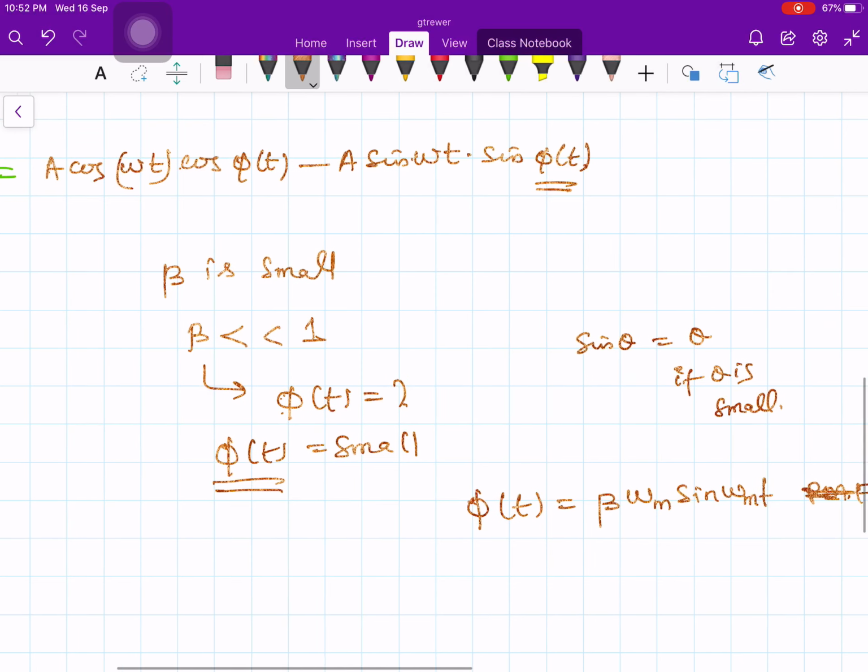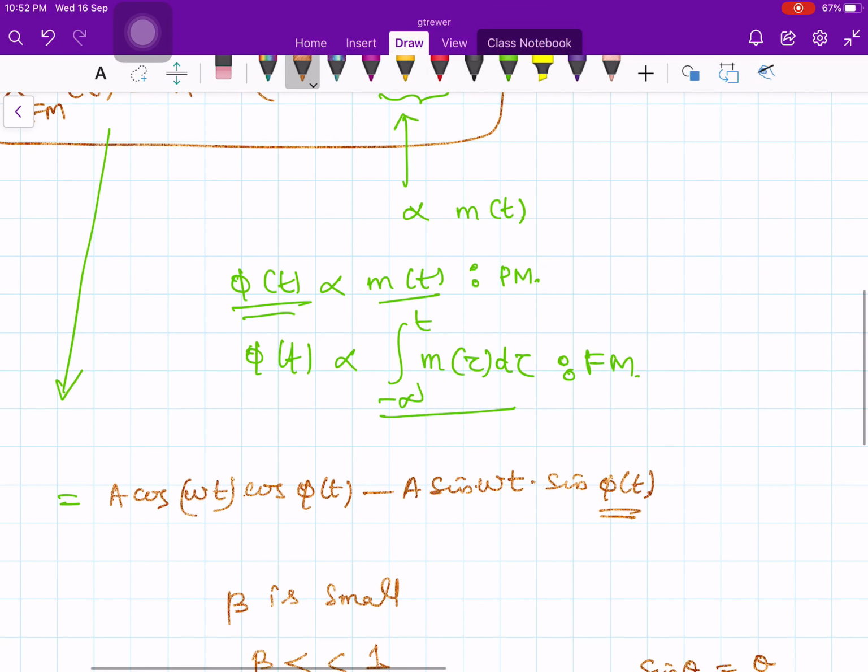You can substitute here in this expression. If m(t) is equal to a cos(omega_m t), then what is phi(t) for the phase modulation case? It is a times the phase modulation constant k_p times cos(omega_m t).